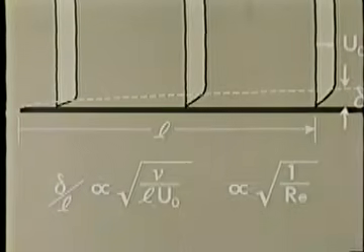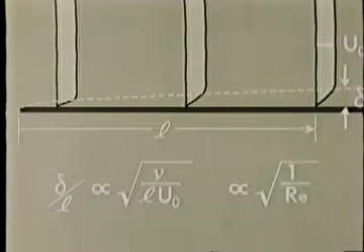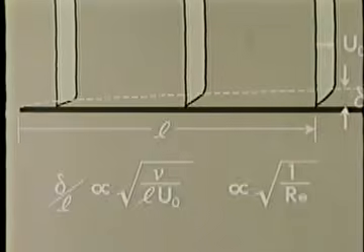Increasing the flow velocity will decrease the boundary layer thickness at any given station along the plate. To see this effect, here is the normal flow.